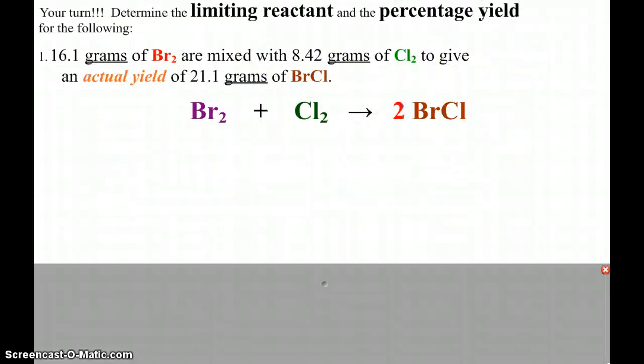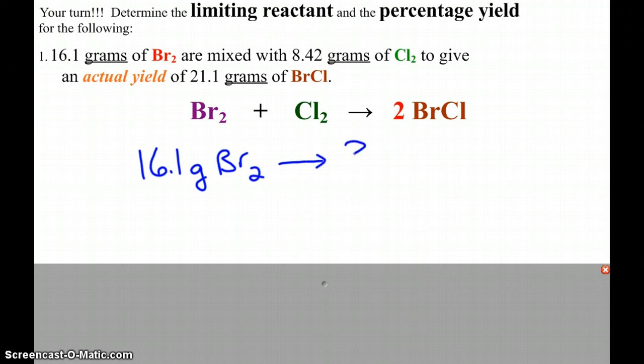Here we have, as it says in your notes packet, determine the limiting reactant, the theoretical yield, and the percentage yield if 16.1 grams of bromine are mixed with 8.42 grams of chlorine. And when that happens, we get 21.1 grams of the bromine chloride to form. So what you need to do is your two mass-mass problems. There's 16.1 grams of bromine, and you want to know how many grams of product you can make from that.